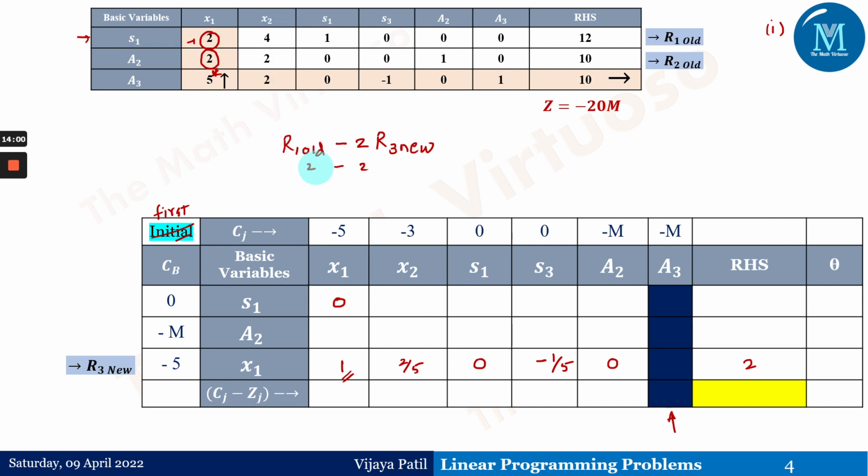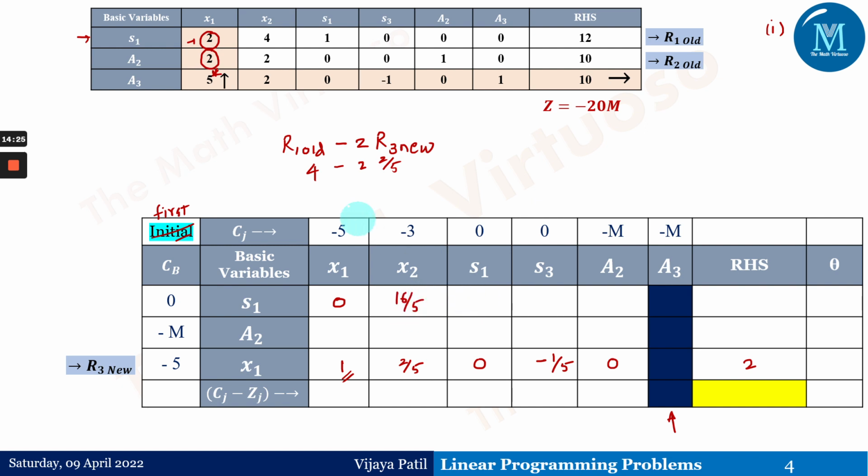Similarly, this is a 4 over here. So it's 4 minus 2 times the element over here, which is 2 by 5. And that gives us the value 16 by 5. It becomes 4 minus 4 by 5, that is 20 minus 4, so it's 16 by 5 as the value for this particular column.